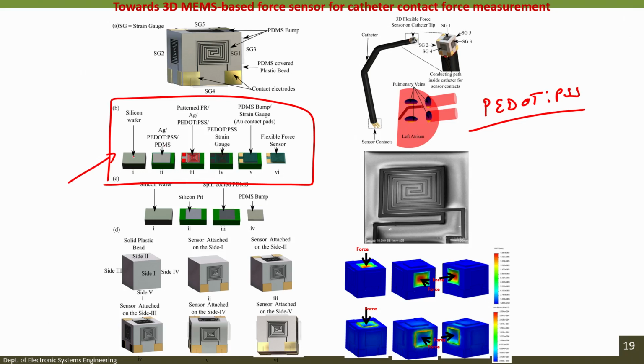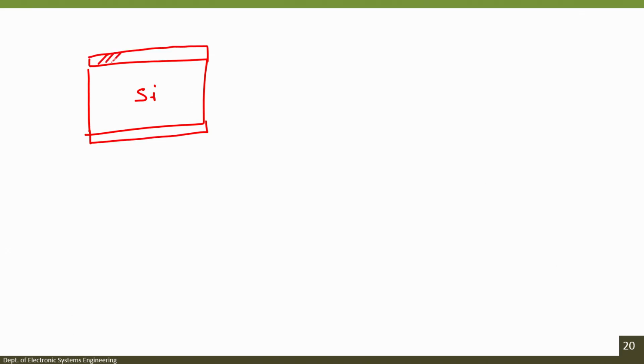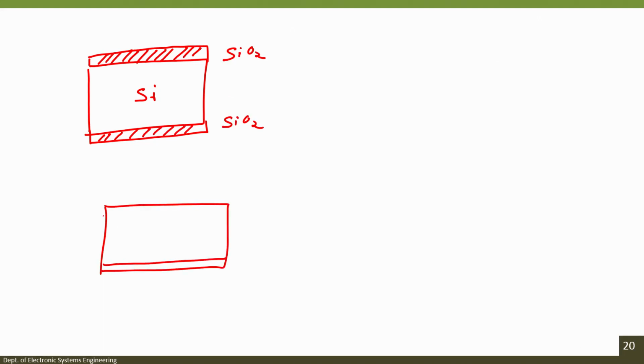So, what is the process? Let me show it to you in this slide. You take a silicon wafer and grow oxide. So, I have grown silicon dioxide. The next step is that on this oxidized silicon wafer you pour PDMS.